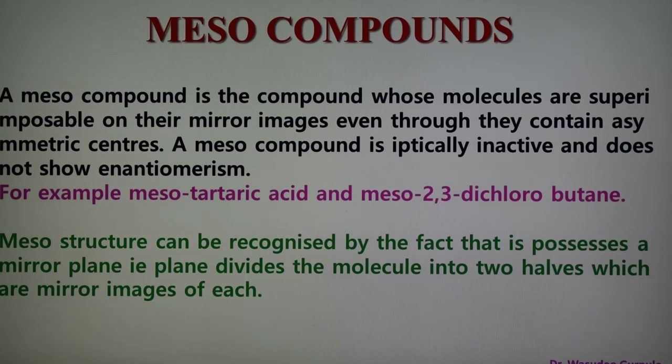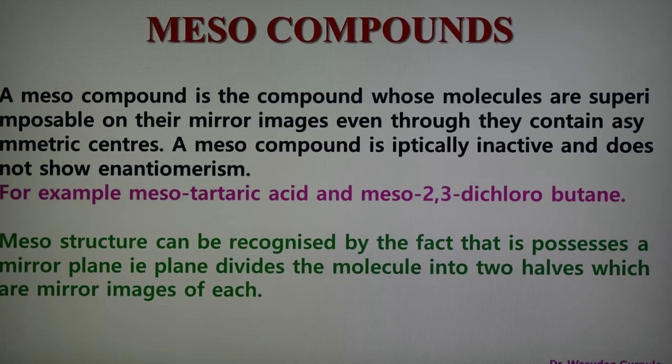For example, mesotartaric acid and meso 2,3-dichlorobutane are examples of meso compounds. A meso structure can be recognized by the fact that it possesses a mirror plane that divides the molecule into two halves, which are mirror images of each other.